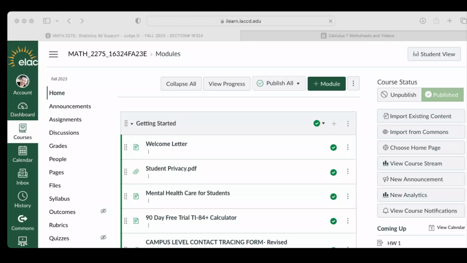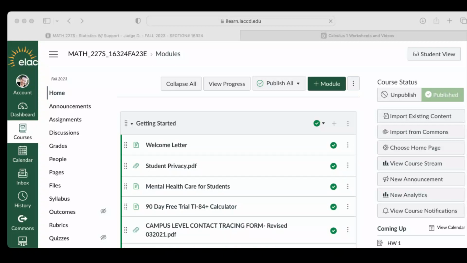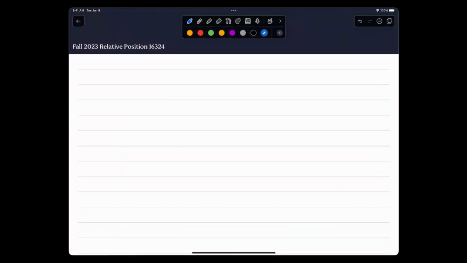So let's call that what it is, fall 2023, relative position. And what section? I know I keep asking, and I could look it up, but maybe you guys know. 16324. I have to do that because I have another statistics section. Anyway, you don't have to know the details, but fine.